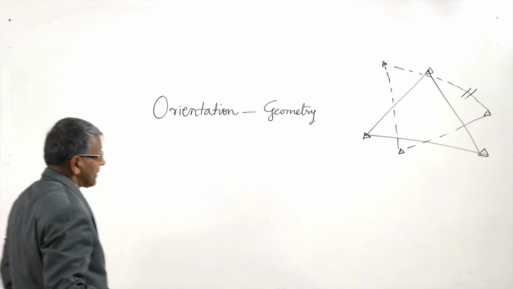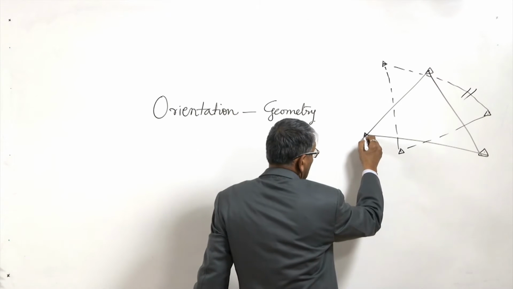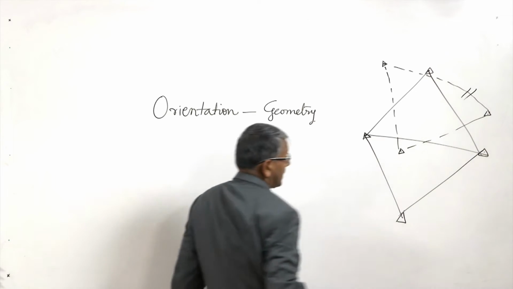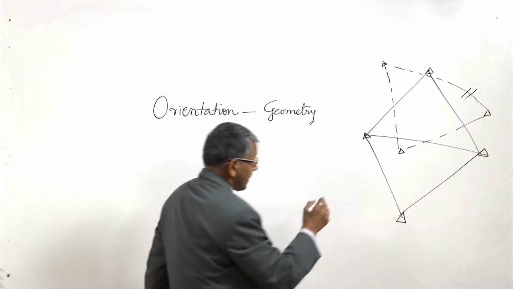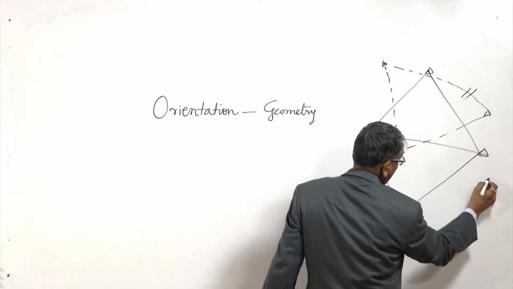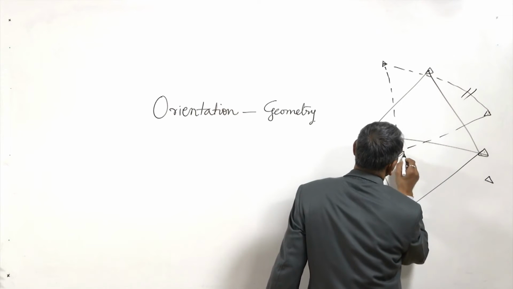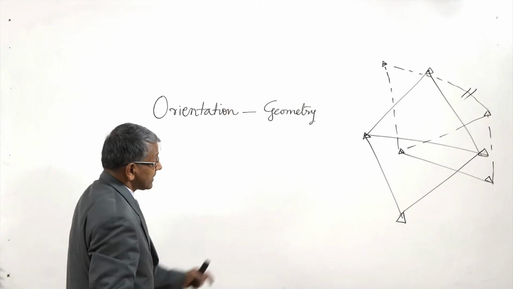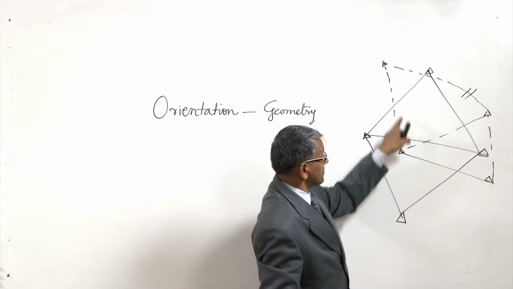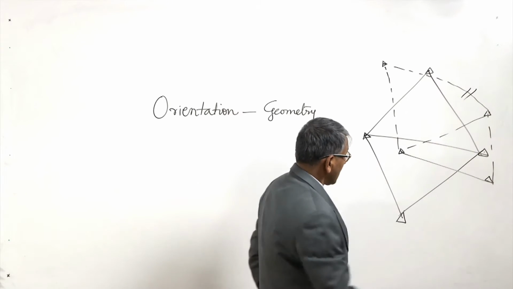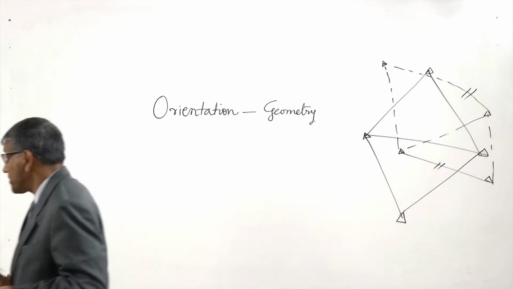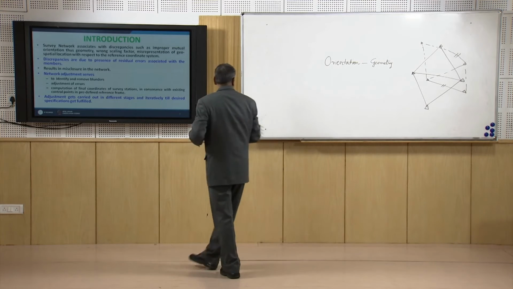Sometimes, suppose there are 4 stations, so we have a rectangle like this, but if there is an error, the rectangle can look like this. Now you can see this rectangle is well shaped, but the rectangle which we found is not well shaped, that means the geometry has been jeopardized.